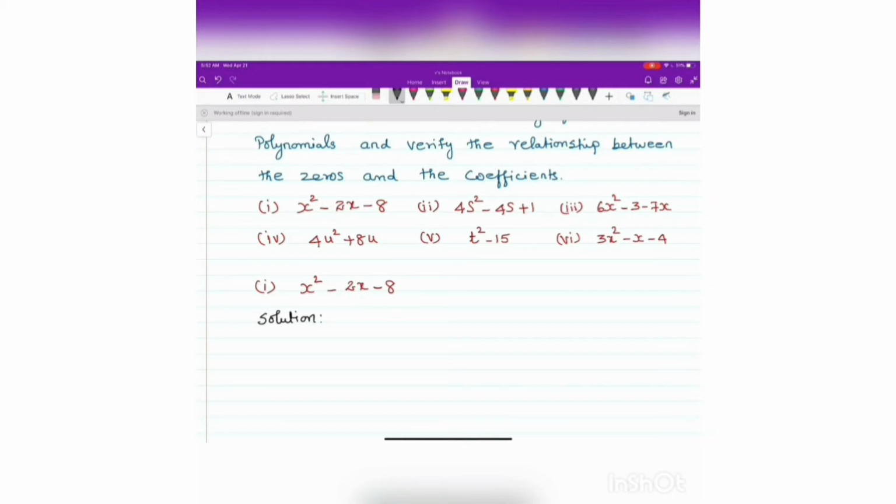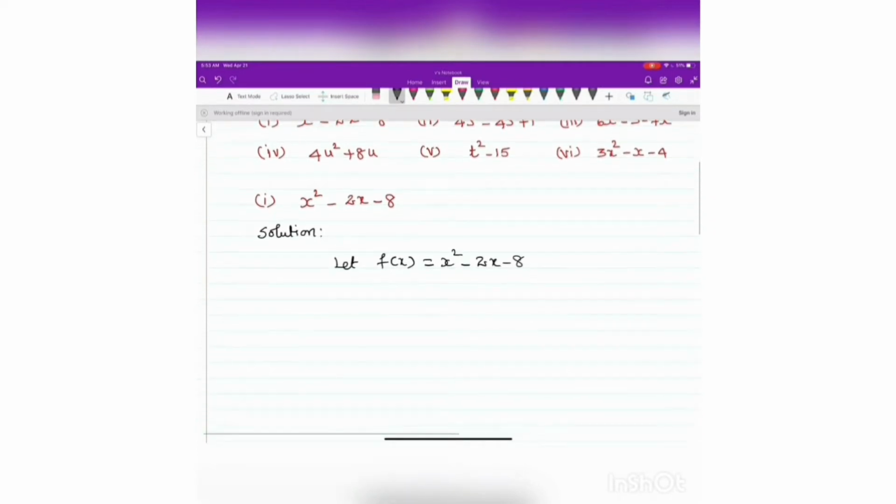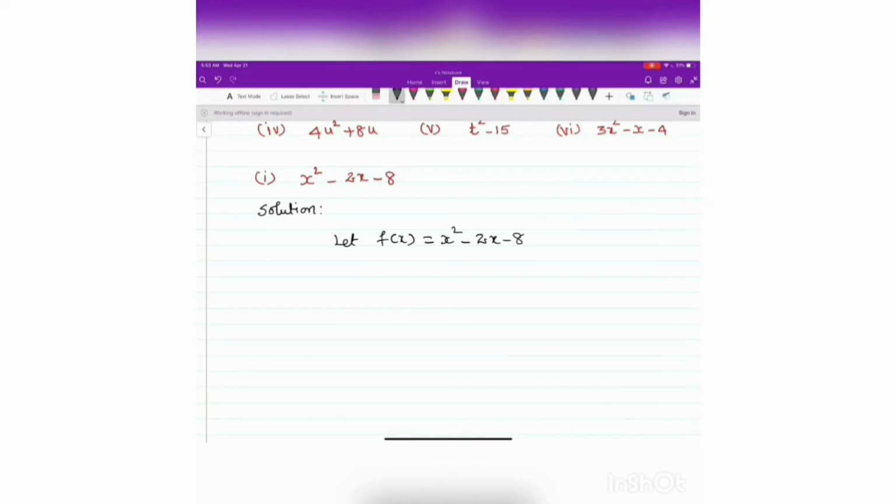See, the given polynomial is in x, so I can write, let f of x is equal to x square minus 2x minus 8. Now my aim is to factorize this polynomial by splitting the middle term. So I can write this as x square minus 2x minus 8.